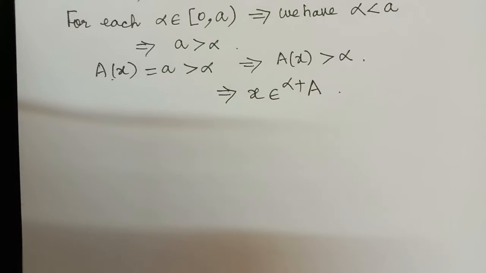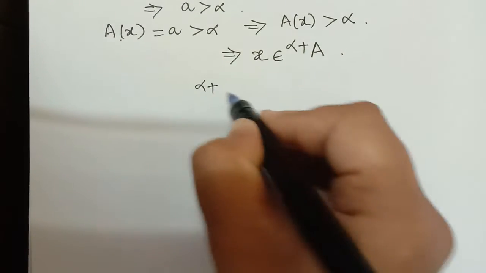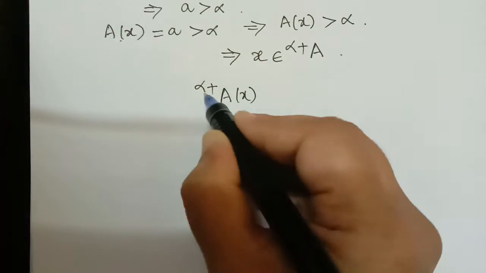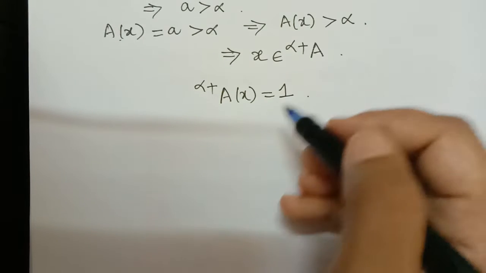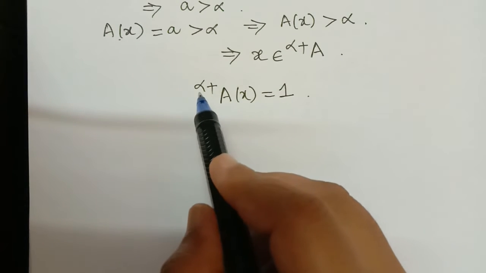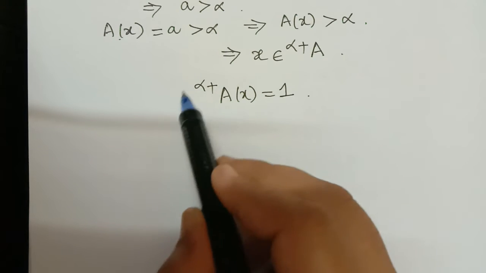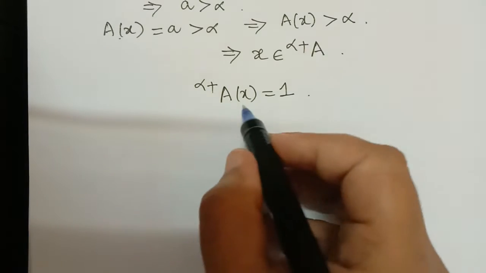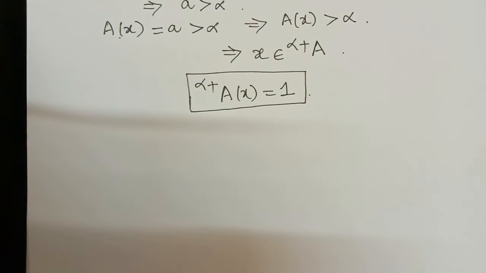So if x is an element of the strong alpha cut, then the special membership function of the strong alpha cut of A at x will be equal to 1. This is by the decomposition of a fuzzy set, which we have already seen.